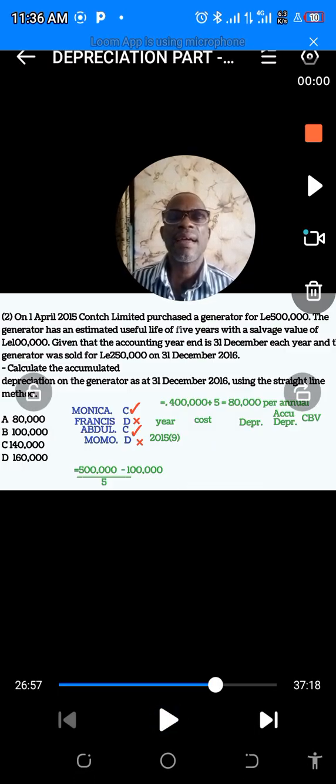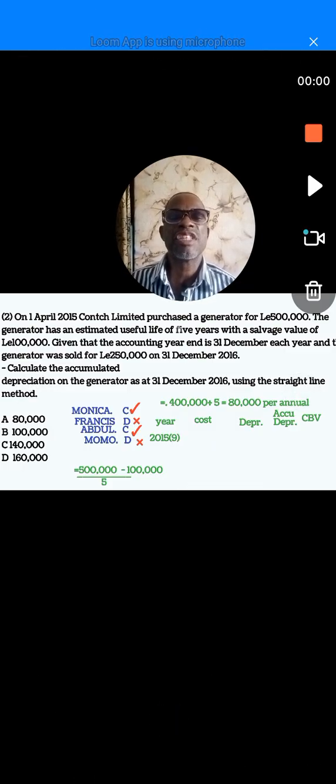The first year, which is 2015, the non-current asset was bought April 1st, and April 1st to December 31st is just 9 months. So the depreciation we are going to put here is the depreciation for only 9 months.